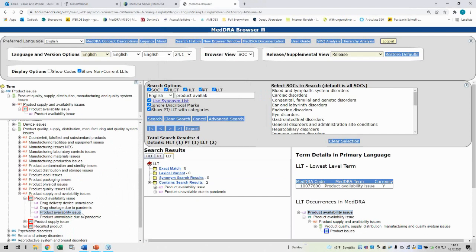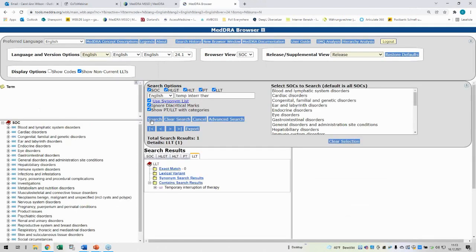And because this was not under the control of anybody involved in the usual medication use process, this cannot be coded to any of the terms that are grouped in the injury SOC. So here, the temporary interruption of therapy would be the correct code assignment.